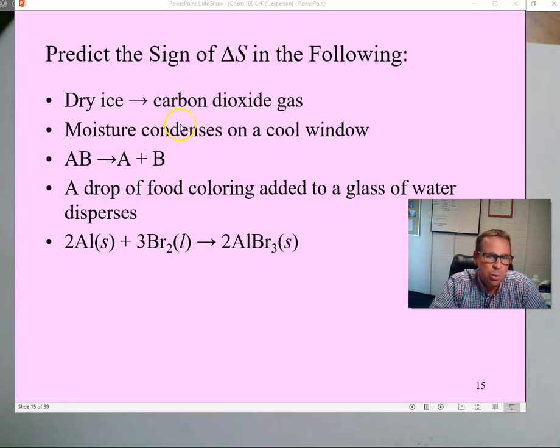Moisture condenses on a cool window. Here we're going from gas to liquid, and so the liquid would have a lower number than the gas. Lower number, let's see, did I do this right? 100 minus 50, yeah. So lower, this moisture condensing on a cool window.